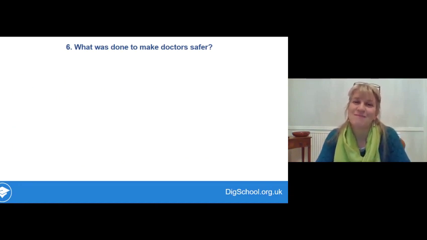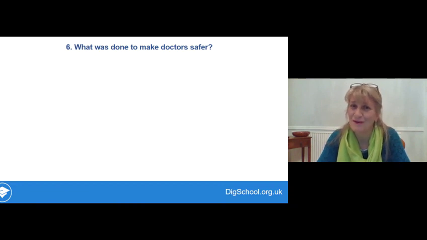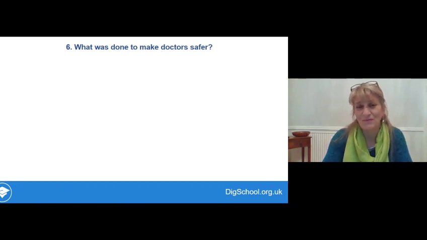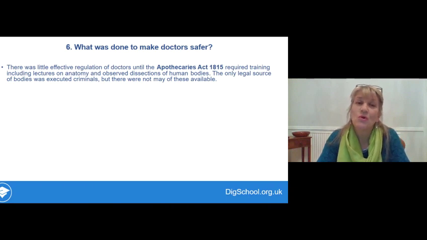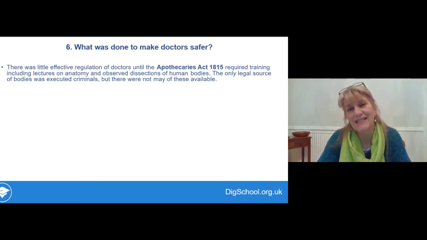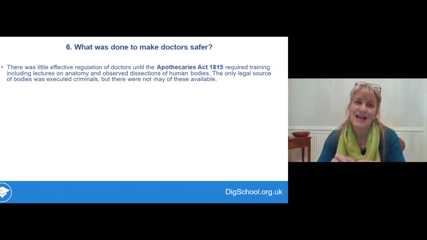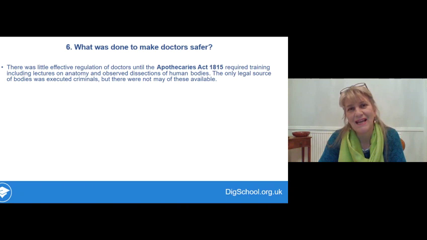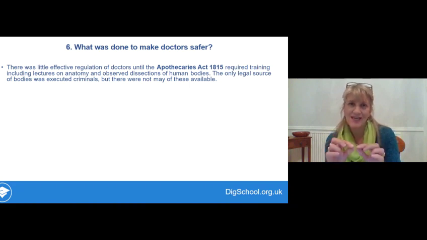So what was done to make doctors safer if for a long time they weren't really regulated at all? Well, there wasn't much in the way of regulation until the Apothecaries Act in 1815, and this actually required doctors to be trained. They had to have attended lectures on anatomy, which involved observing dissections of the human body.